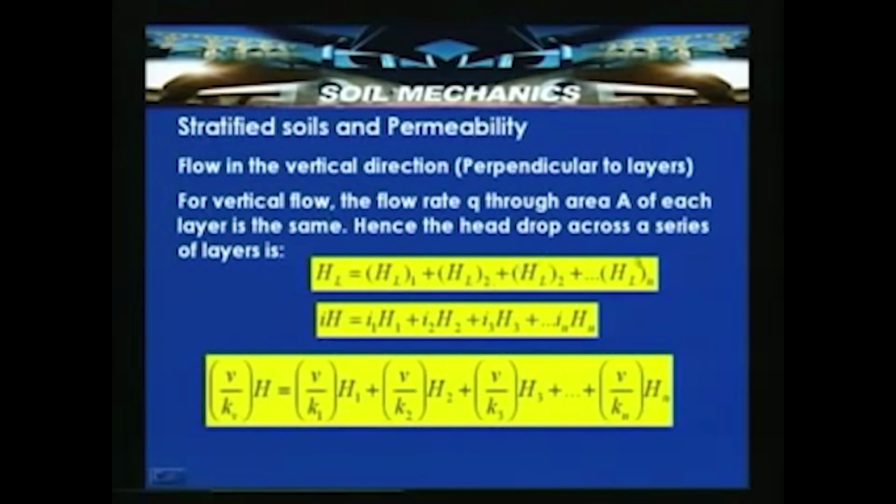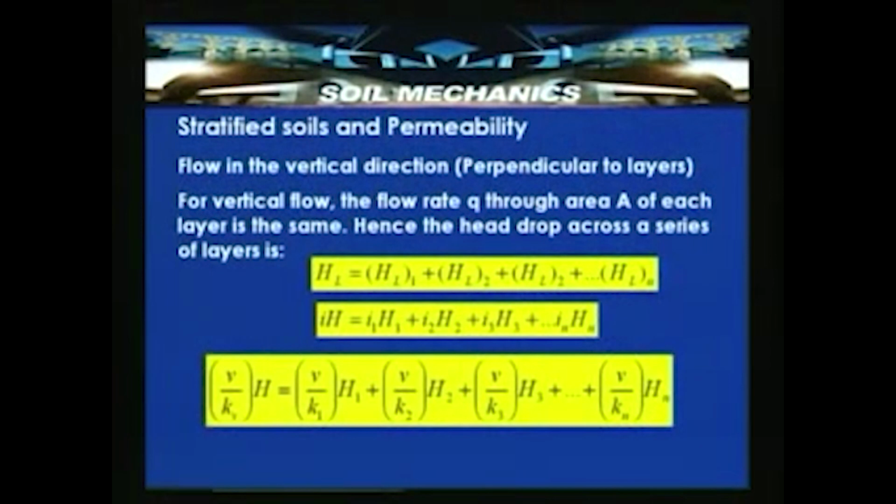The second condition is that the head drop occurs across a series of layers. So, the head loss occurring in the series can be written as HL is equal to HL1 plus HL2 plus HL3 and so on to HLn.